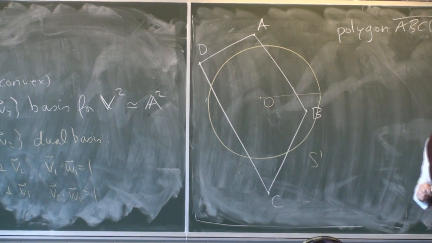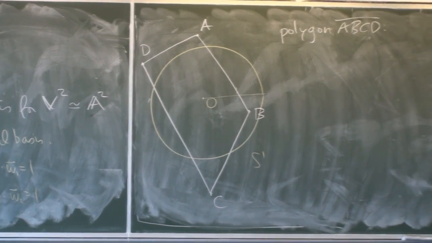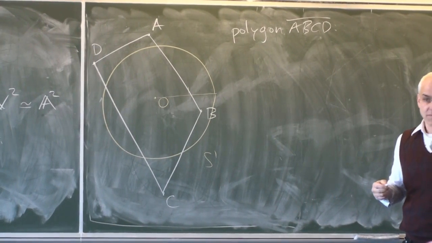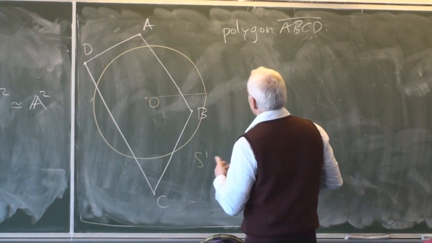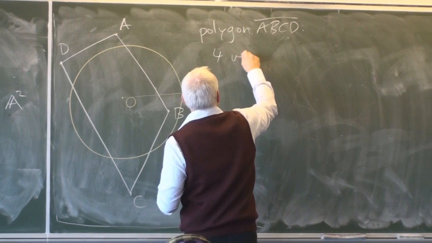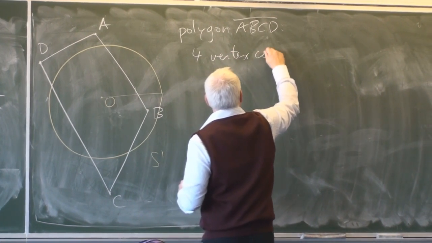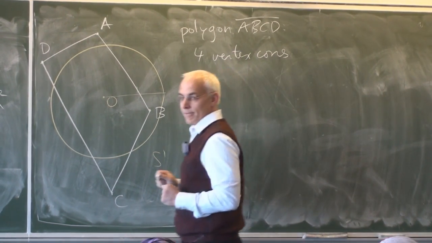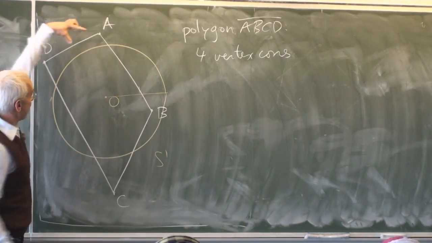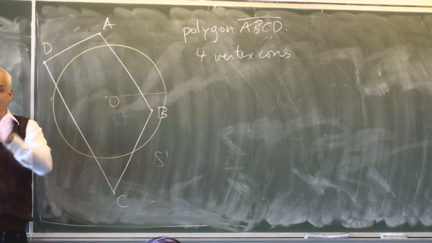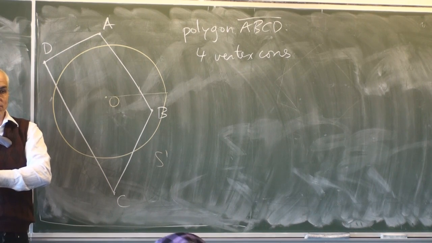So the first thing I note is that there are some cones associated to any polygon. This is a four-sided polygon. There are four vertex cones. Namely, at any vertex, we can look at the cone generated by the two edges at that vertex. Okay?